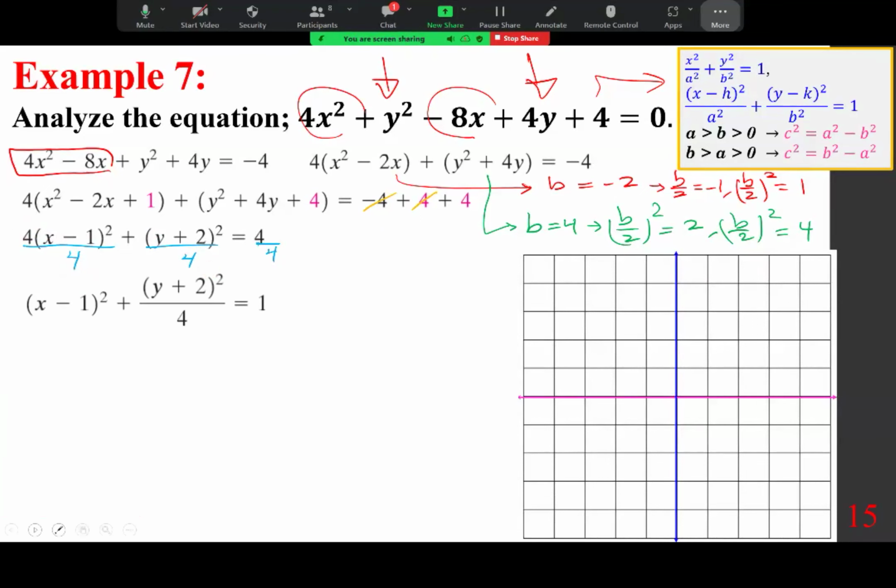And when they cancel each other, to make sure we see what's going on, we write this as over 1. So we see that a squared is 1, and so is a. So what do we notice? Right away, we notice the center is 1, -2.